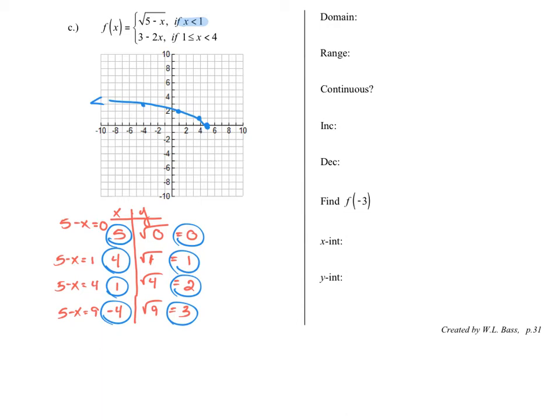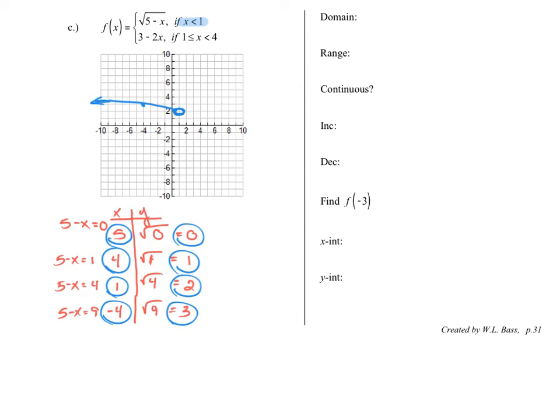In other words, I'm going to find this 1, and I'm going to erase everywhere that the x values aren't less than 1. So this whole part of the graph is going to disappear. And right here at x equals 1, I'm going to turn that into an open circle, because on my domain, it was supposed to be open. So that's the only portion of my square root function I'm going to keep.